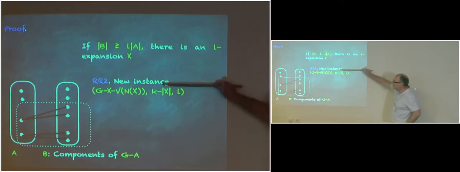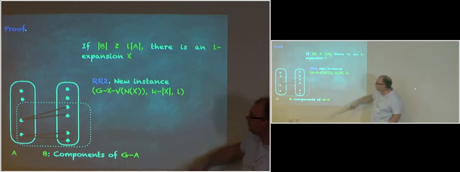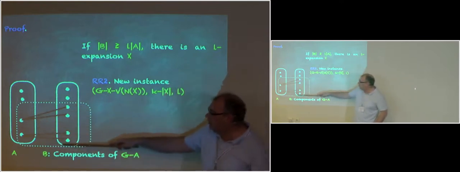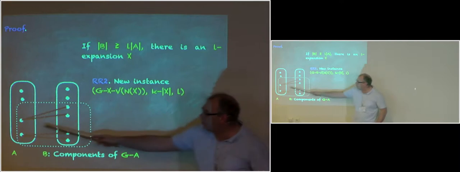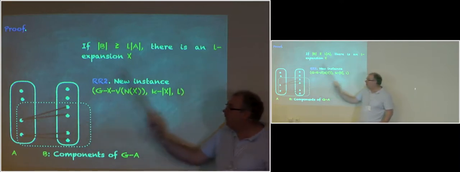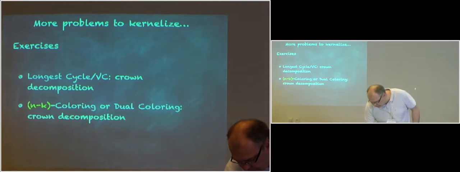So then I construct a new instance. If I found an expansion, then I remove these guys, and I remove all vertices living in the connected components which are the neighbors of the set X in this graph. And then I reduce my instance correspondingly. Yes.